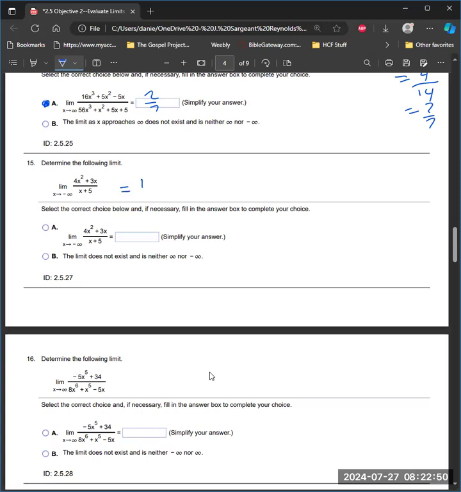So this is going to be limit as x goes to negative infinity of 4x plus 3 over 1 plus 5x to the negative first. That one's going to go to 0. We're going towards negative infinity plus 3 over 1, which is going to go to negative infinity.